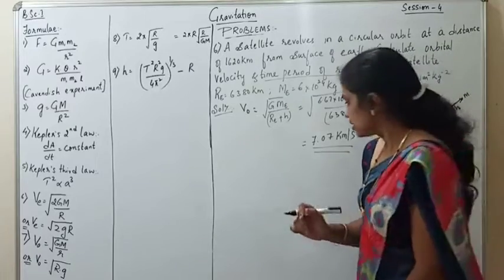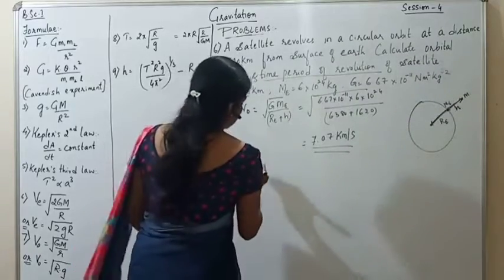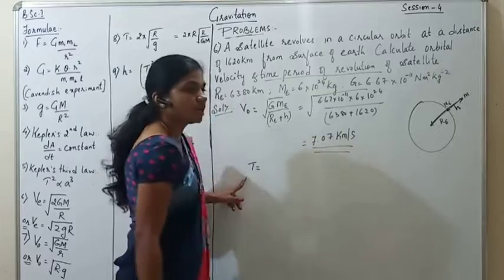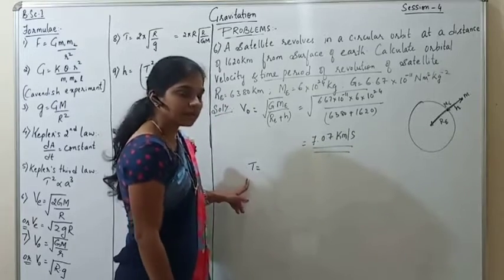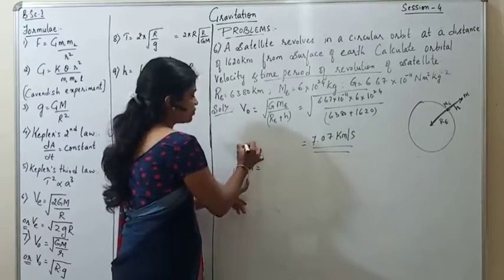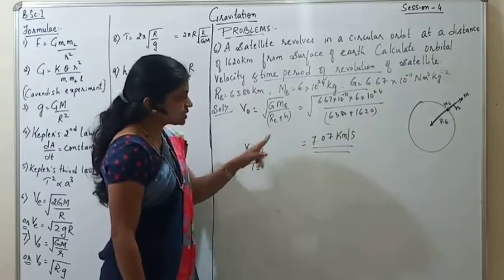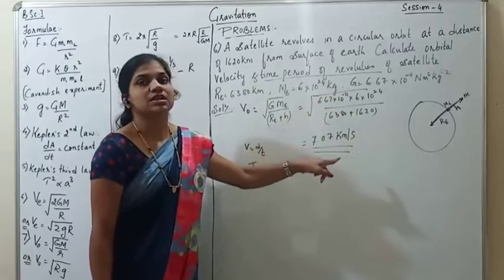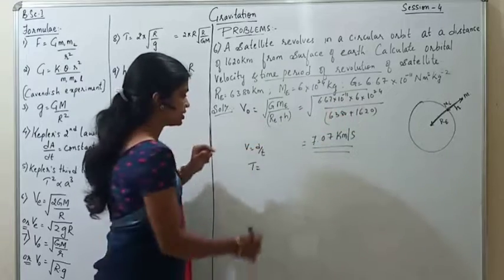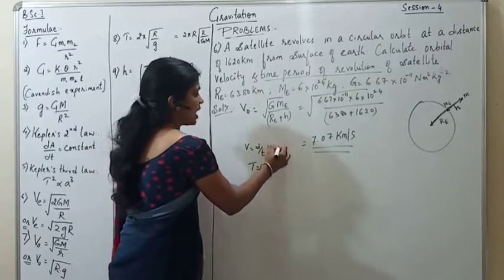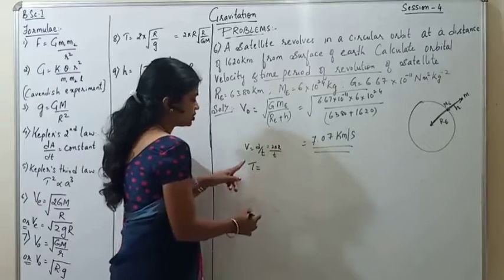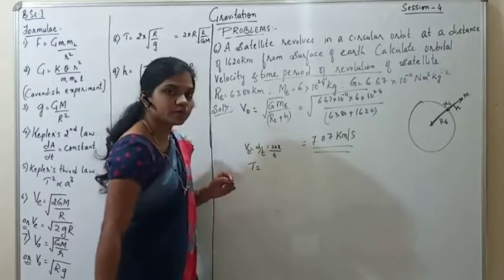Time period is given by T equals to. Now, what is the time period? Velocity is distance by time. The distance here is going to be the circumference of the circle, that is 2 pi r, and T. This is going to be our orbital velocity.